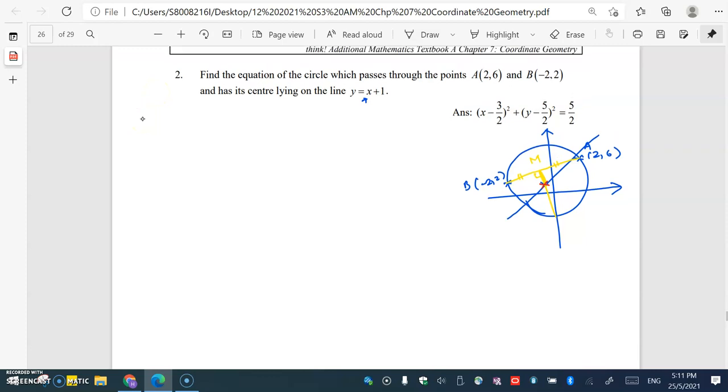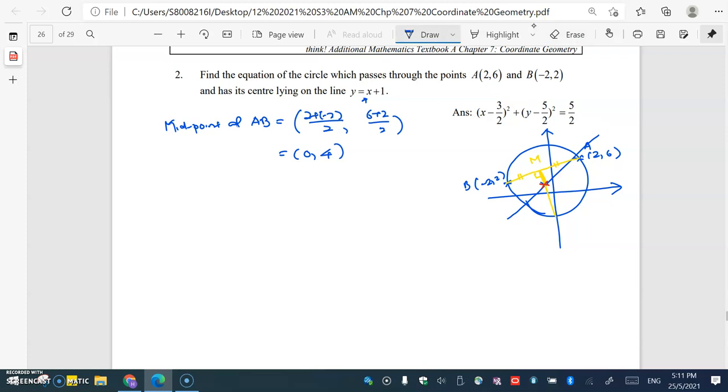So first and foremost, the midpoint of AB. 2 plus negative 2 divided by 2, and then 6 plus 2 divided by 2, so that gives you 0, 4. All right, 0, 4 is the midpoint of AB.